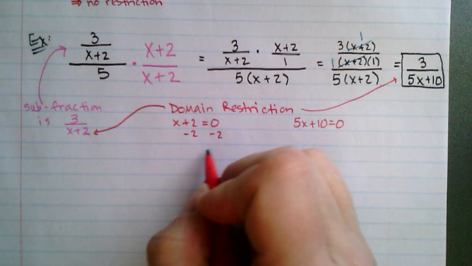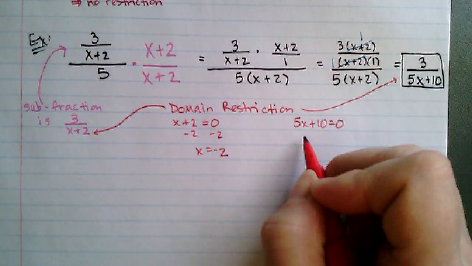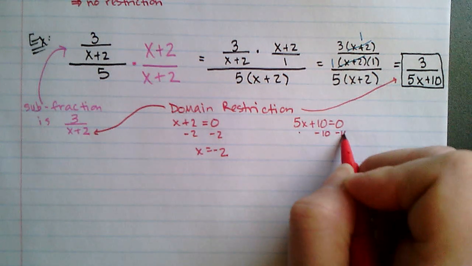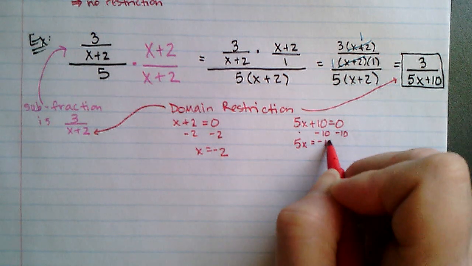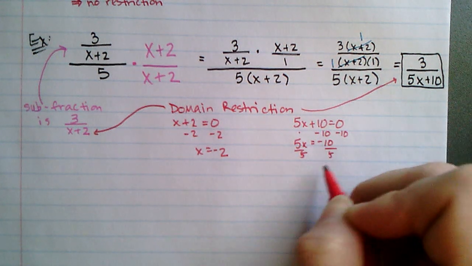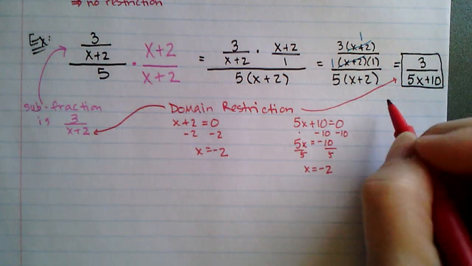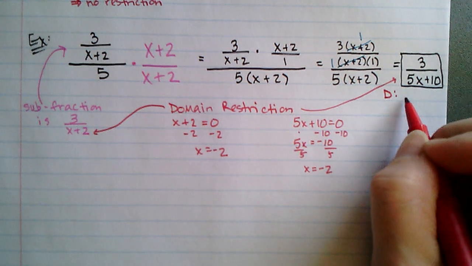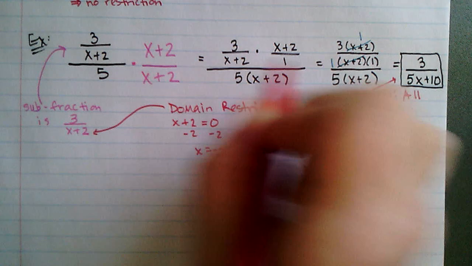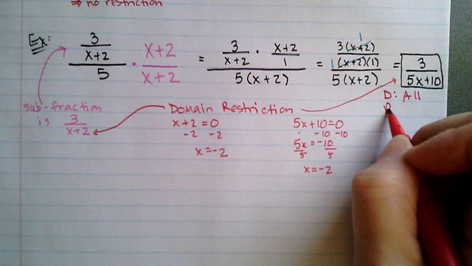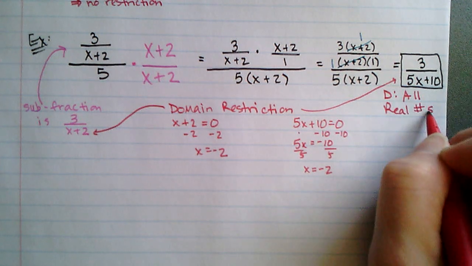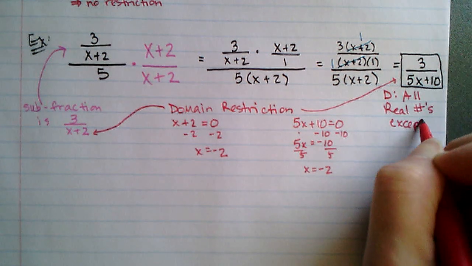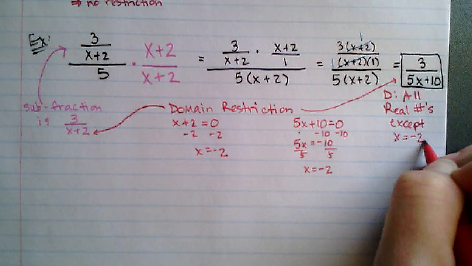So I solve for x, I get x equals negative 2. I solve for x here. I also get x equals negative 2. So the domain for this answer, or this whole problem, would be all real numbers except x equals negative 2.